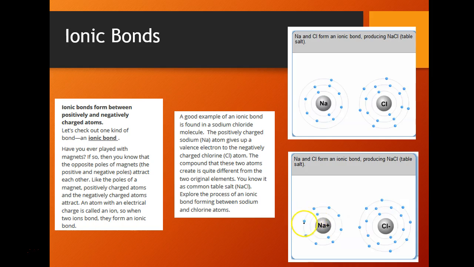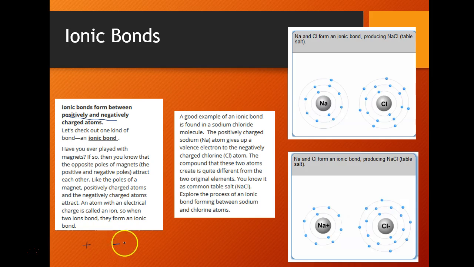So the first type of bonding that we're going to look at is ionic bonds. Ionic bonds form between positively and negatively charged atoms. And so, as you probably already know, positively charged molecules are going to be attracted to negatively charged molecules.